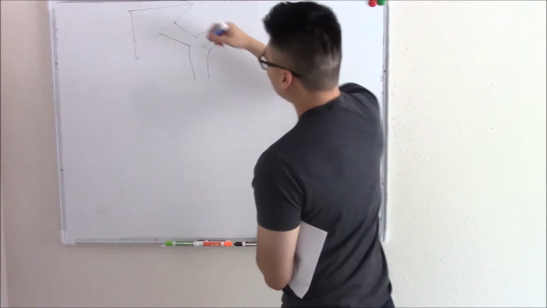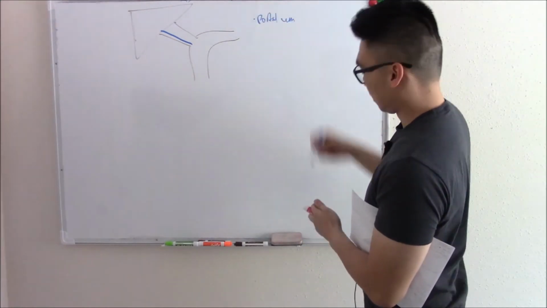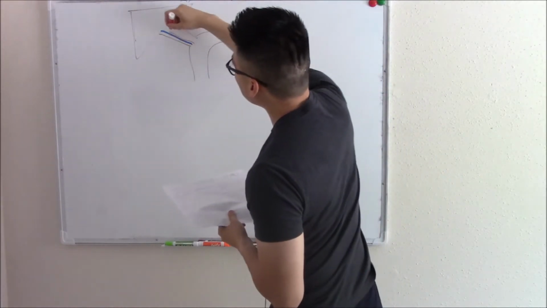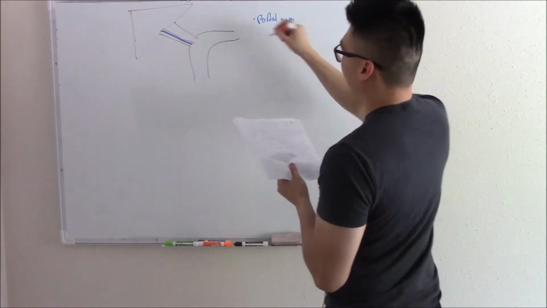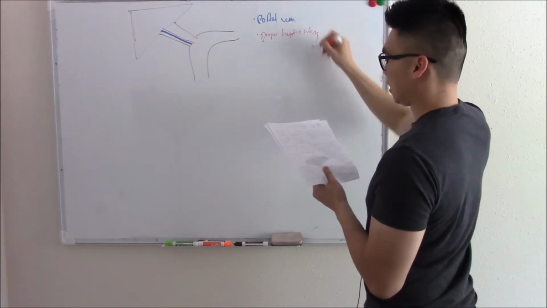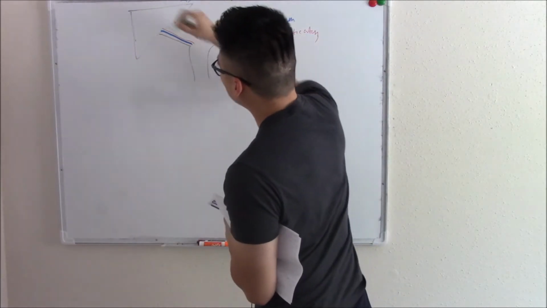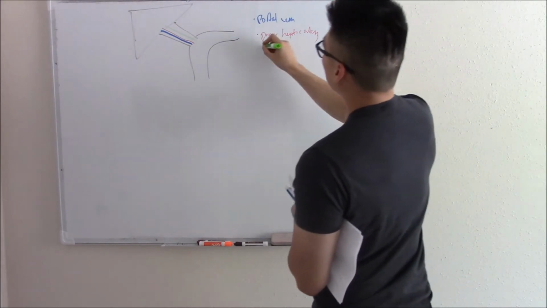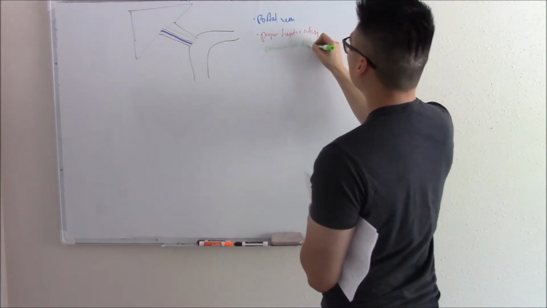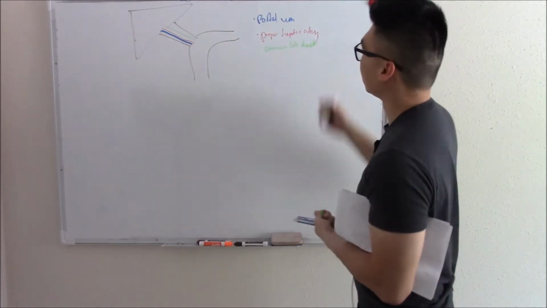If you said your portal vein, if you said your proper hepatic artery, and if you said your common bile duct, you would be right. And that's sometimes called the triad.